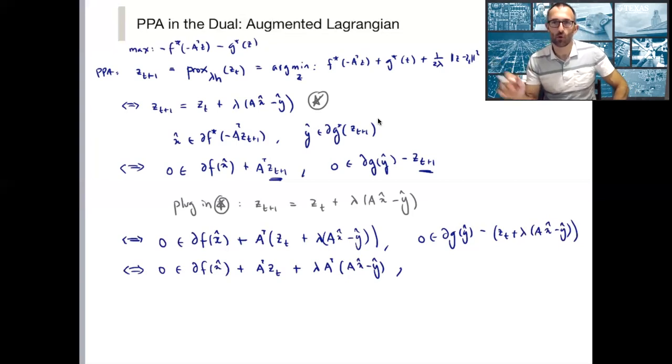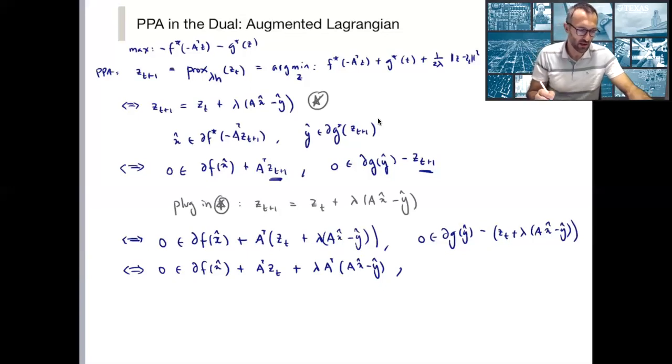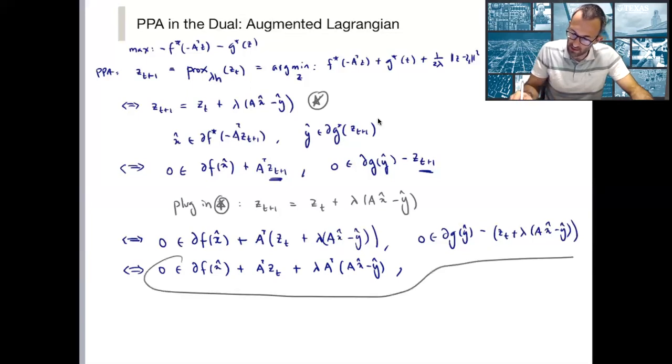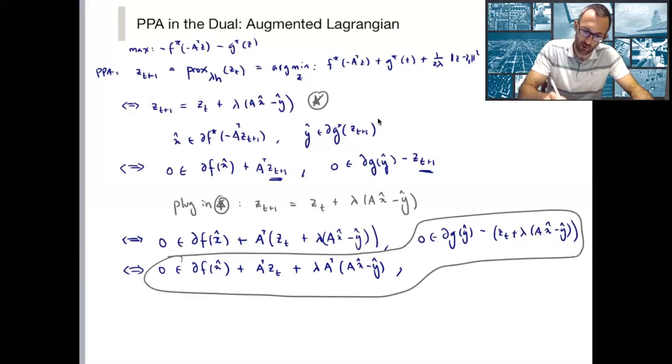This is what we've been using for dual gradient ascent. But now we have this, and it's easy to verify that these two constraints together are exactly the optimality conditions for a coupled problem.